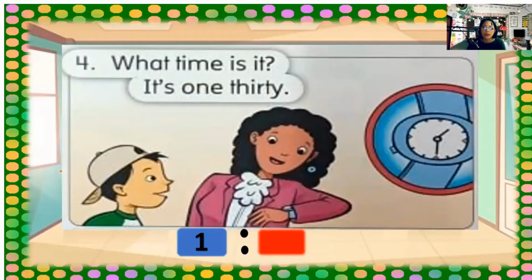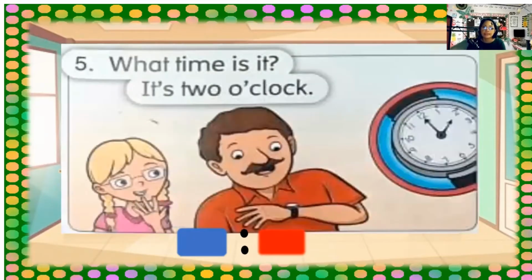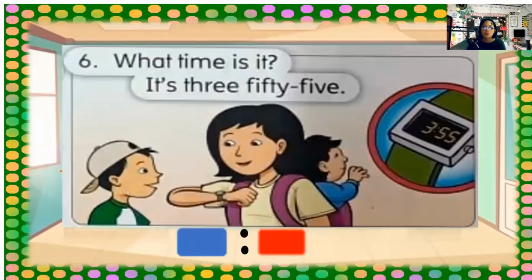It's 1:30. What time is it? It's 2 o'clock. Okay, because the long hand is pointing to 12. What time is it? It's 3:55.